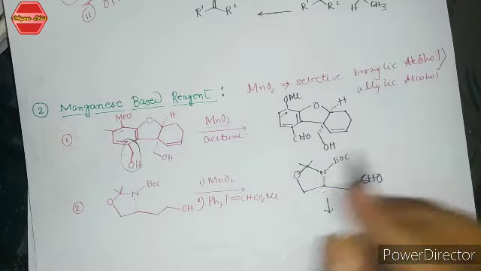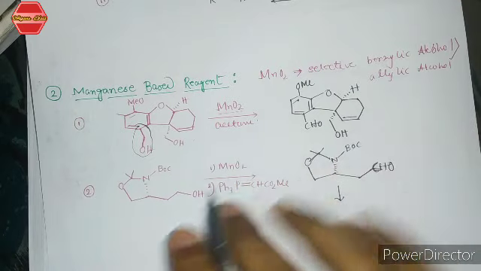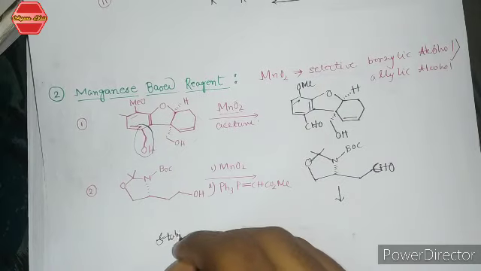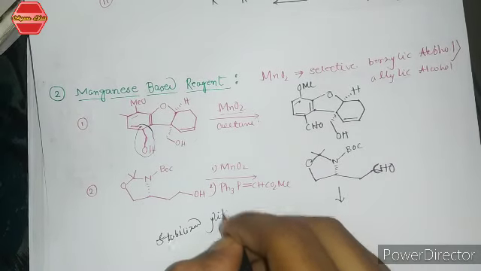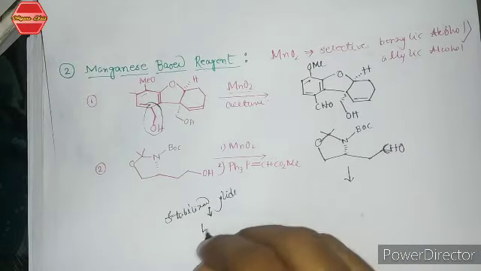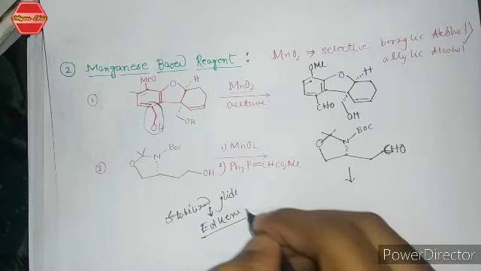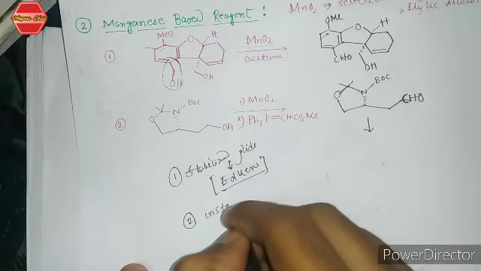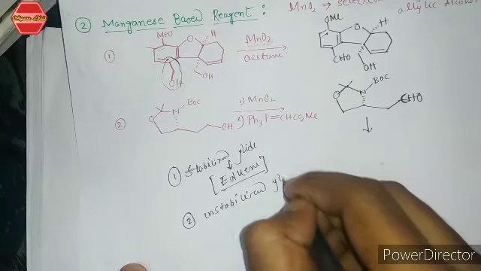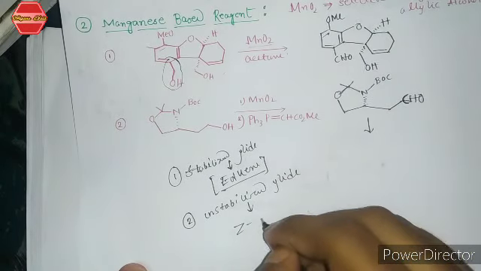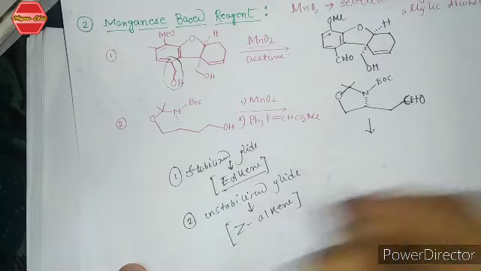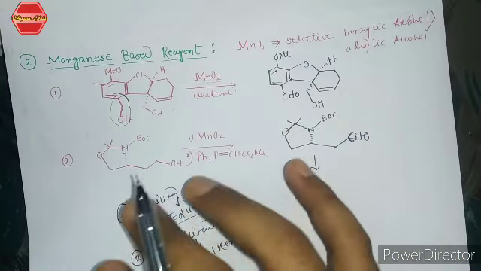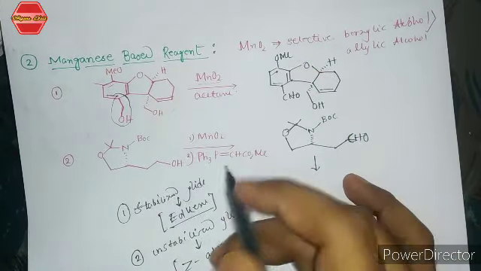We all know the selectivity of ylides: the stabilized ylide always gives E-alkene, and the unstabilized ylide always gives Z-alkene. This is the chemoselectivity of ylide chemistry, and you can find it in Clayden and Carruthers or any of the best books.